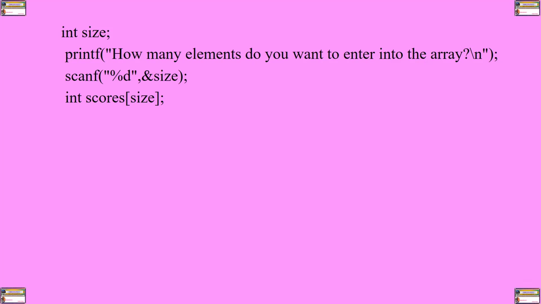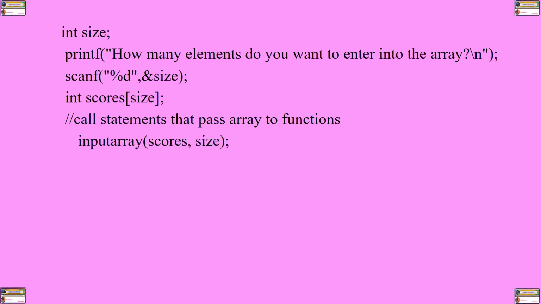If, for example, the user has entered 10, and 10 has been stored in the memory location called size, then this array will read as: set memory location aside called scores to hold values which do not exceed 10, assuming that the user has entered 10 as the number of elements.